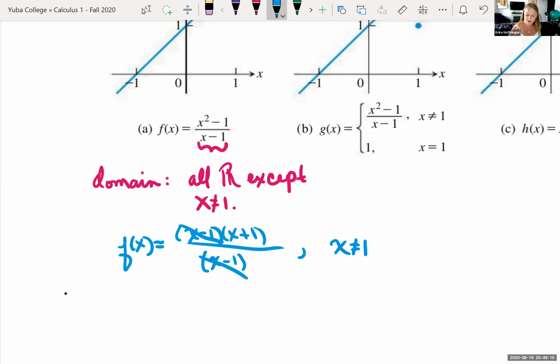If I look though, and I go back in and I plug in 1 where I see an x after I simplified it, notice that I would get 1 plus 1 here, which is 2. So let's go up to the graph there.